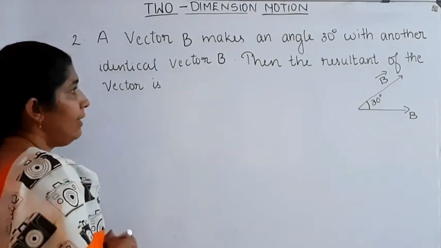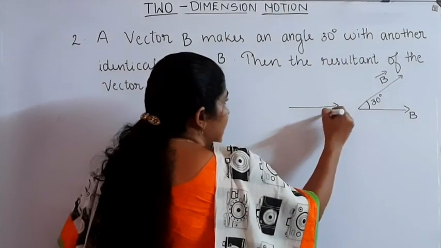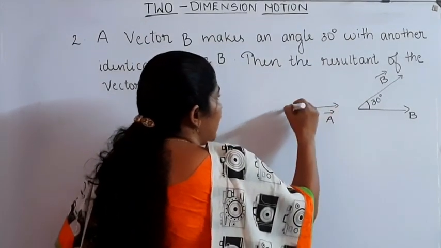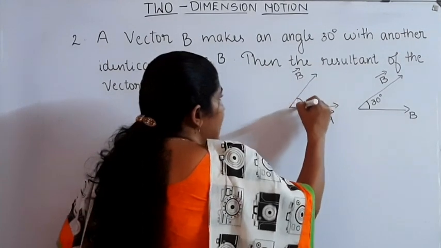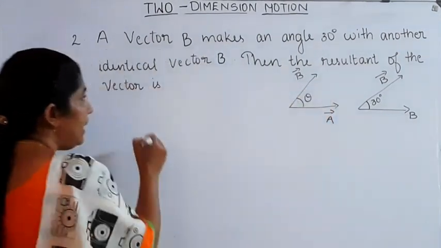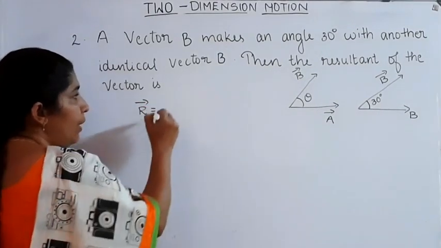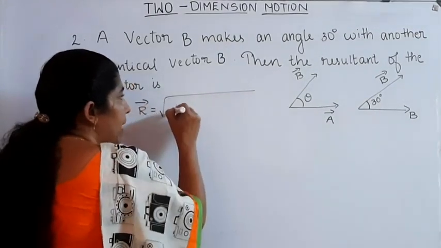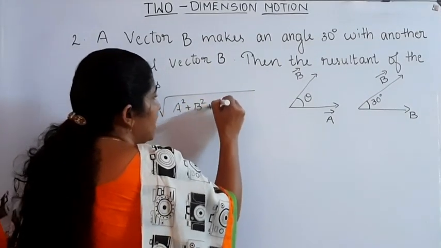We all know that when two vectors, vector A and vector B, are acting at an angle theta, then the resultant vector R is equal to root of A square plus B square plus 2AB cos theta.